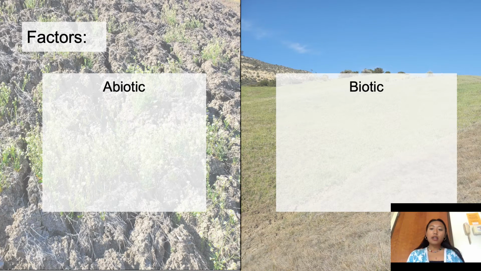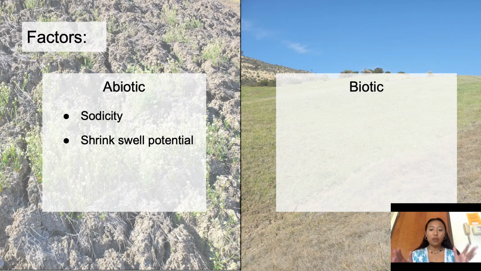The factors we considered in this project were broken up into abiotic factors, which are non-living environmental factors, and biotic factors, which are factors caused by other organisms. The abiotic factors we looked at are the edaphic factors that I mentioned earlier, and in this case are sodicity, which refers to the levels of sodium in the soils, shrink swell potential, which refers to the change in size when the soil is wet, so when it swells, versus when it's dry, when it shrinks.